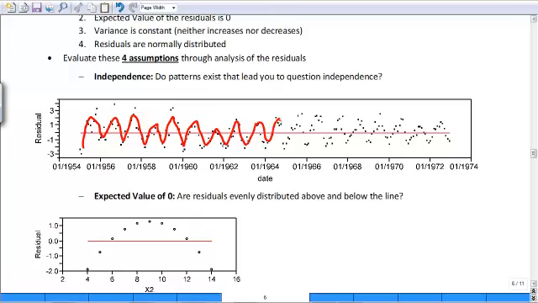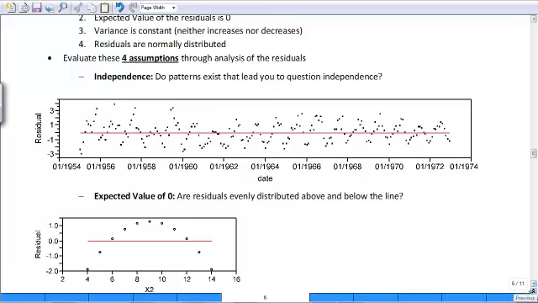There are so many of these that it's a little difficult to see at this scale, but the pattern does exist. This is a violation of the independence assumption. And what this is really telling us is that there is an additional pattern that we can model.